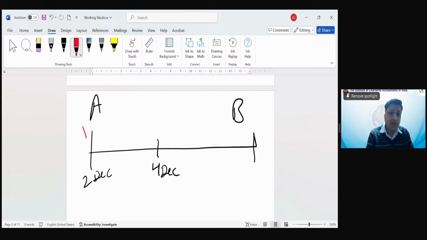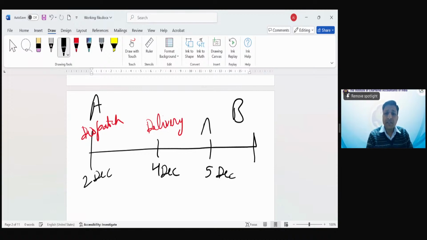So this is the date of dispatch, and this will be the date of delivery. Let's suppose the next day, 5th of December, is when the buyer provides the approval.